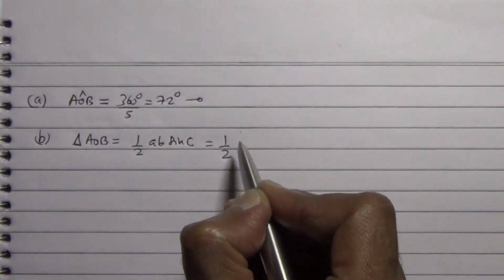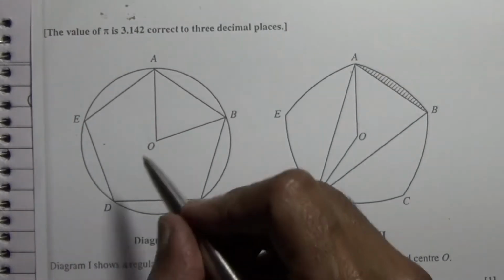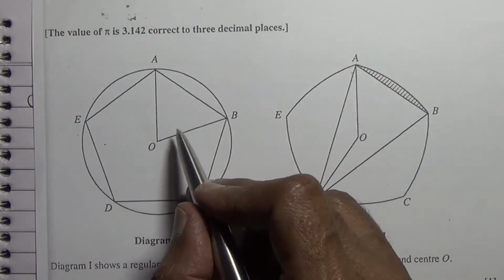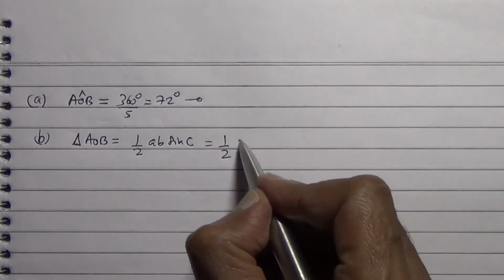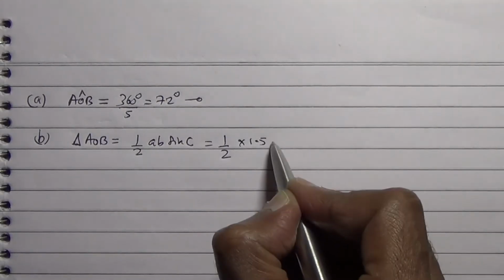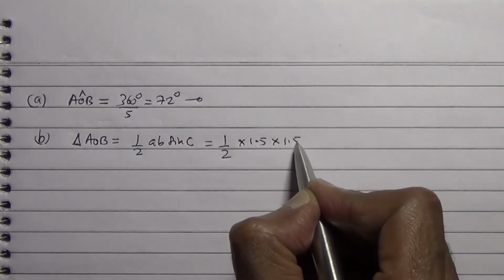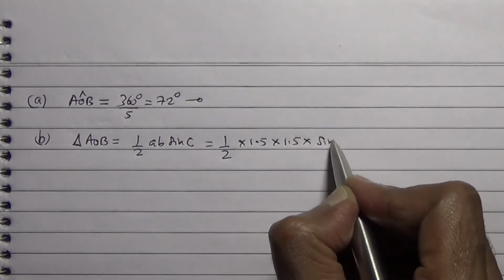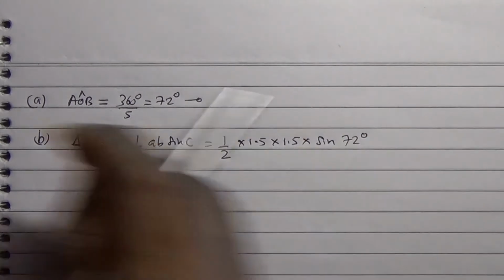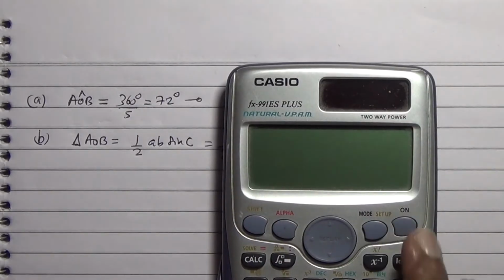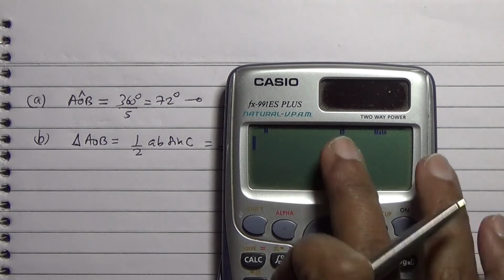So half times, I'm saying that this is a, this is b, and this is sine of the angle, 72 degrees. So half times 1.5, which is the radius, 1.5, then sine of 72 degrees. And check the calculator is in degrees mode, that's fine.